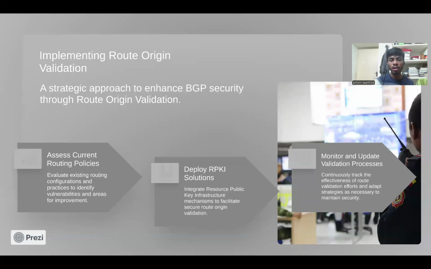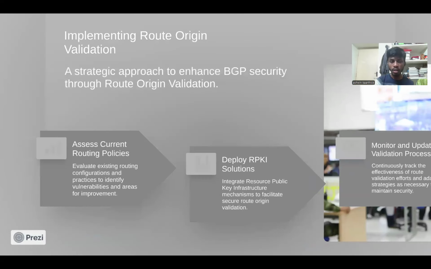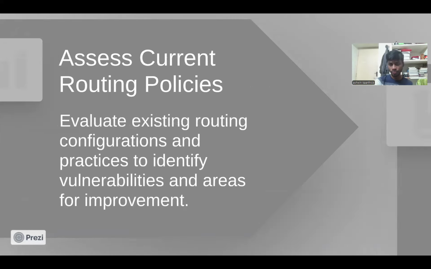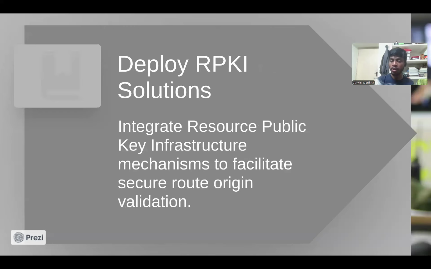So, implementing ROV. The first step is to assess the current routing policies. Evaluate the existing routing configuration and try to improve the efficiency or accuracy of the existing policy. Deploy the RPKI solution.